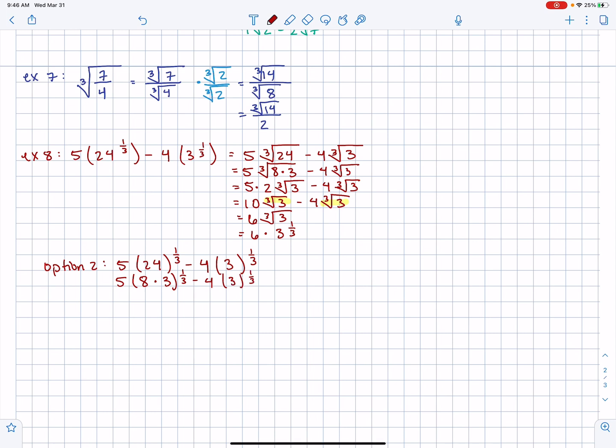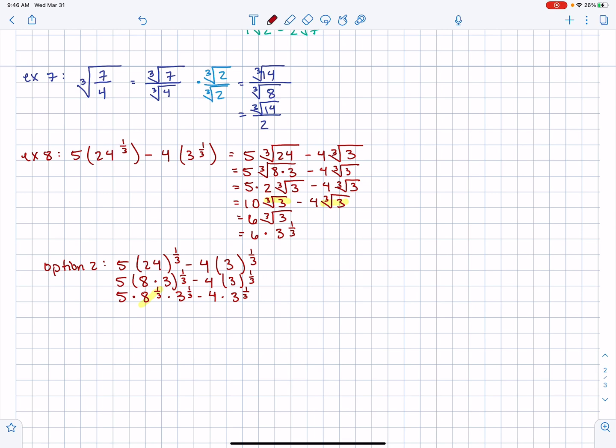And as we can see here, this turns into 5 times 8 to the 1/3 times 3 to the 1/3 minus 4 times 3 to the 1/3. And this 8 to the 1/3 we know is 2.